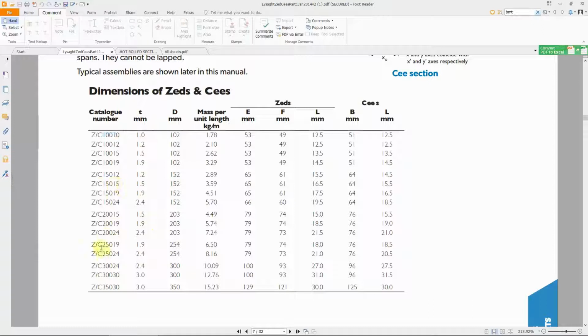So, if I look at this, for example, C25019, that means it's a C section, nominal 250 millimeter deep and 1.9 millimeter thick for the material. Okay?